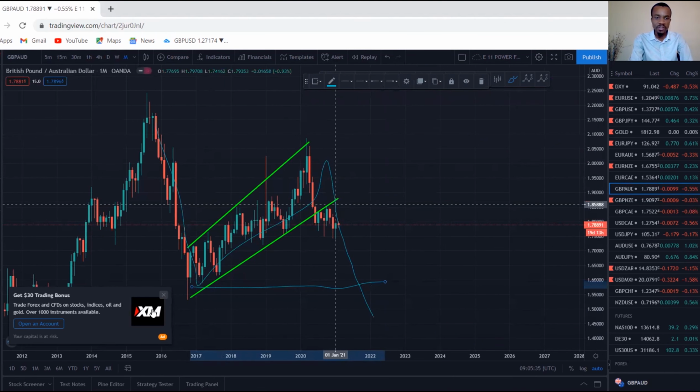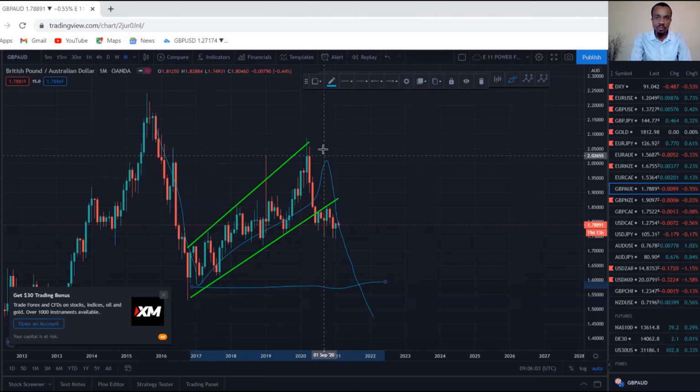Since this is a continuation pattern to the downside, and this continuation pattern has already been broken from a monthly time frame perspective, we anticipate that GBPAUD will be pushing to the downside, continuing to these levels here at 1.57500 area. So this is our thought process from a monthly time frame perspective.